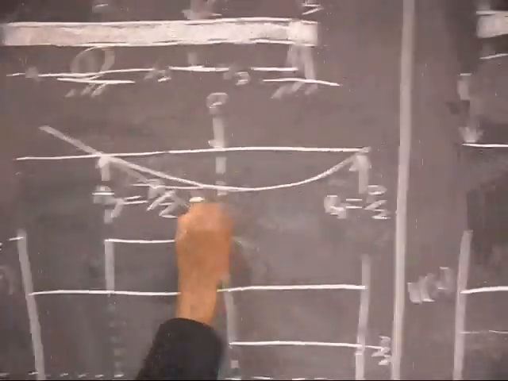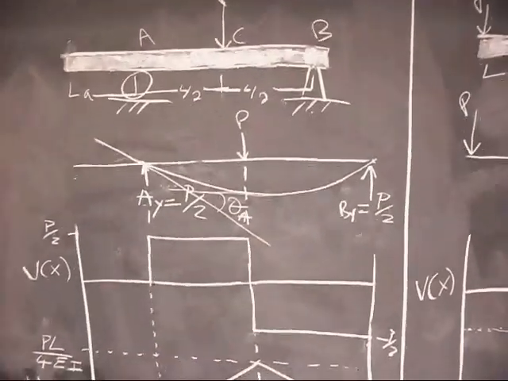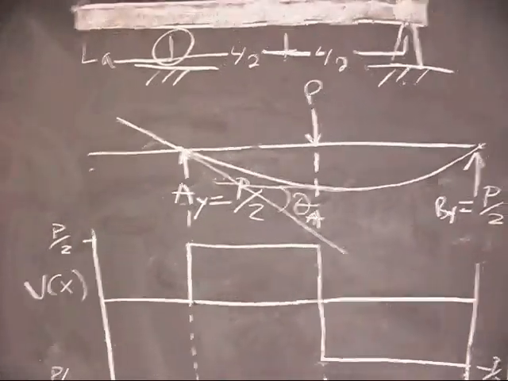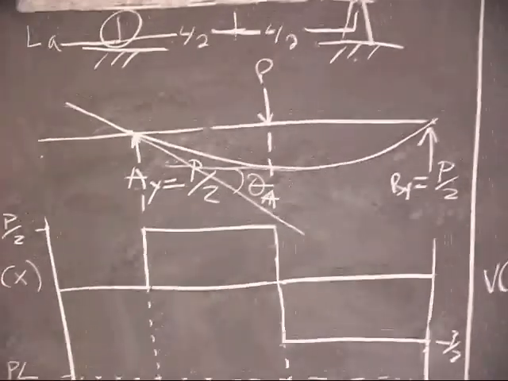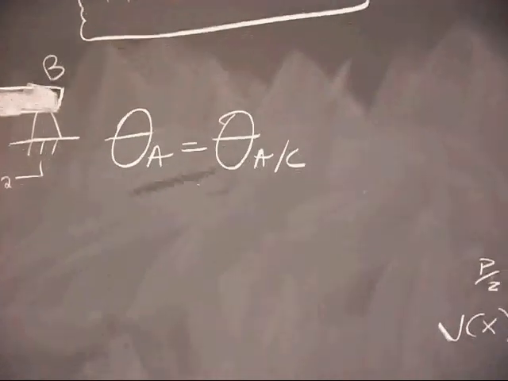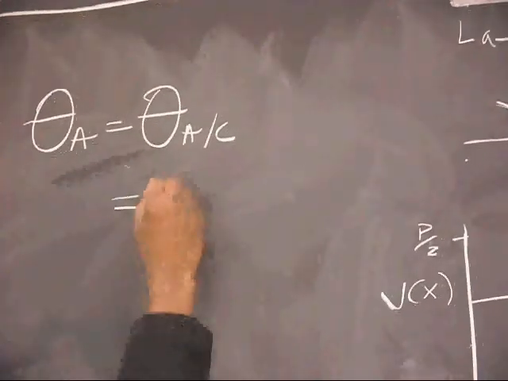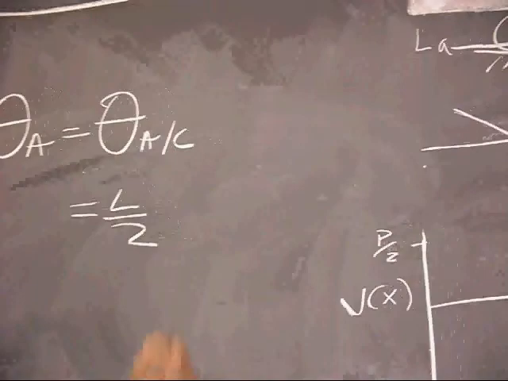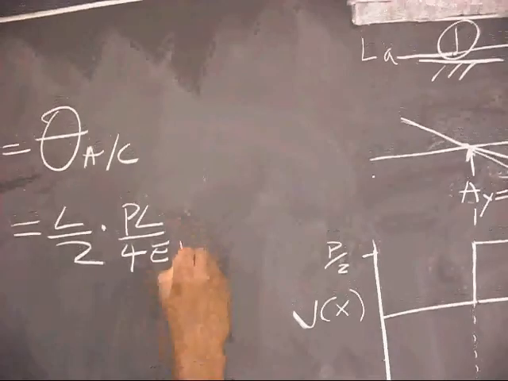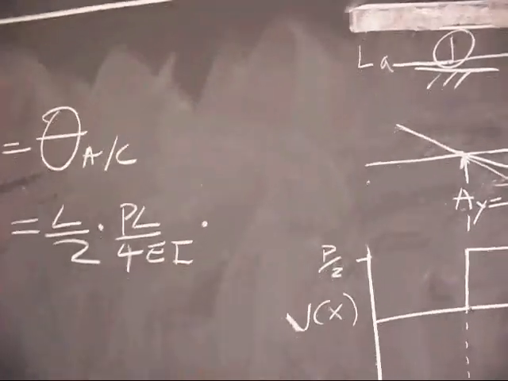We know at point C, since the moment diagram is symmetric, at the midpoint between A and B, which is point C, we know the slope is 0, meaning that theta A is equal to theta A with respect to C. So theta A with respect to C is just equal to the area under the moment diagram between points A and C, which is just equal to L over 2 times PL over 4EI times 1/2.